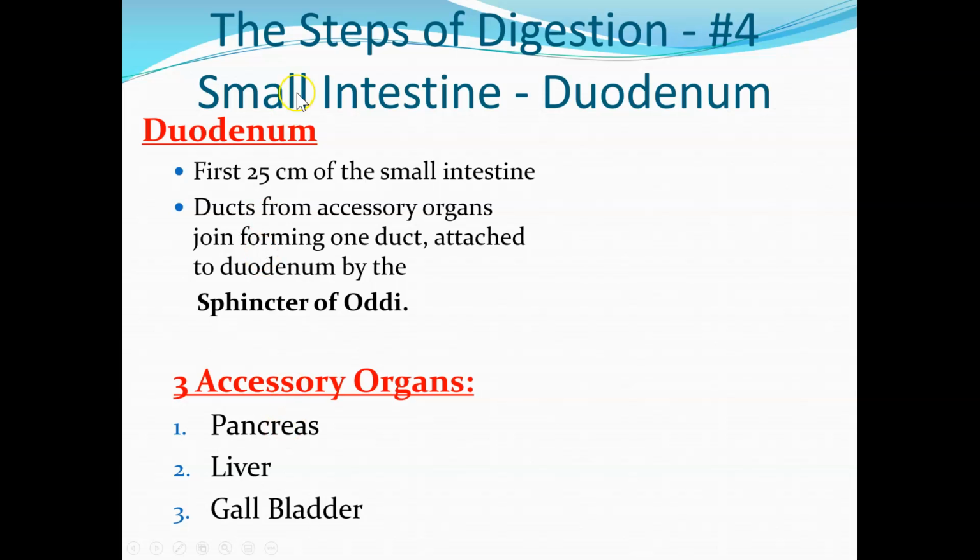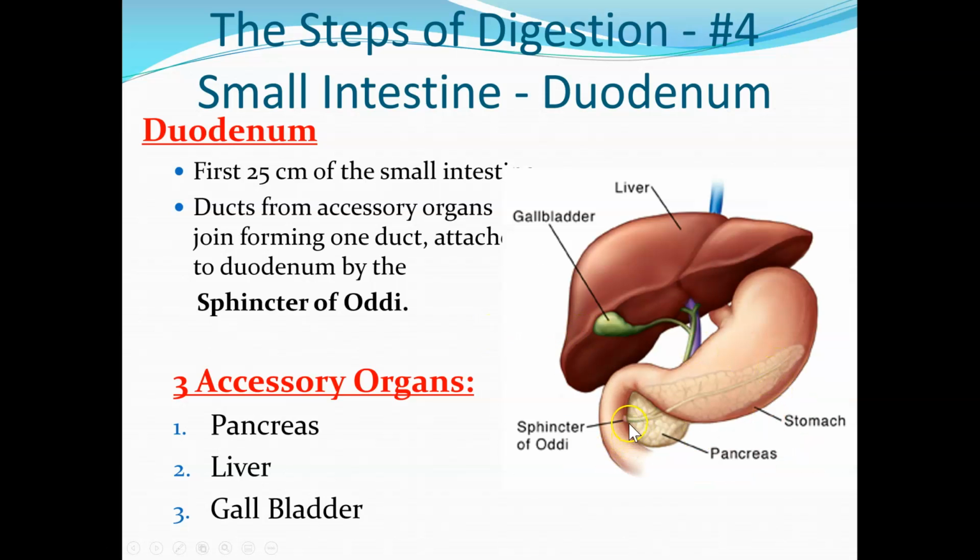The duodenum is the first 25 centimeters of the small intestine. Ducts from accessory organs join, forming one duct attached to the duodenum by what is known as the sphincter of Oddi. The three accessory organs include the pancreas, the liver, and the gallbladder.